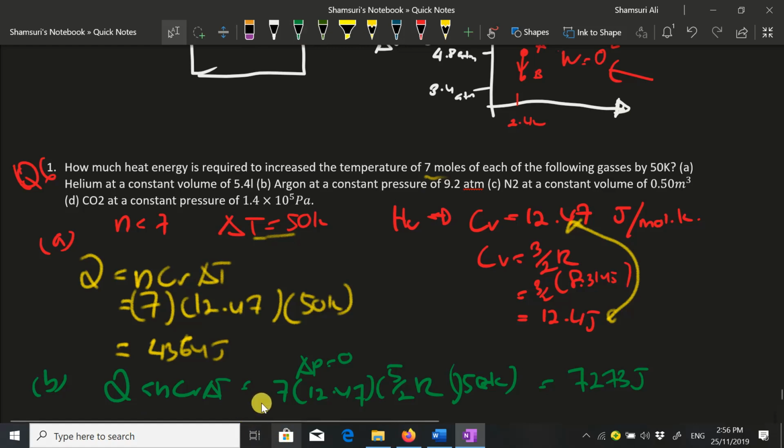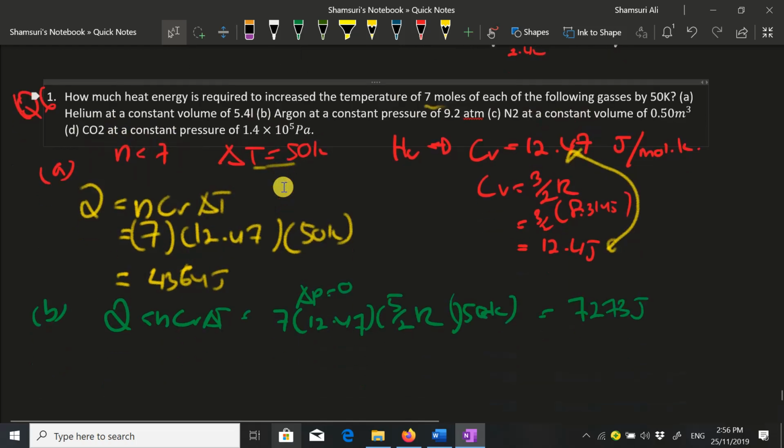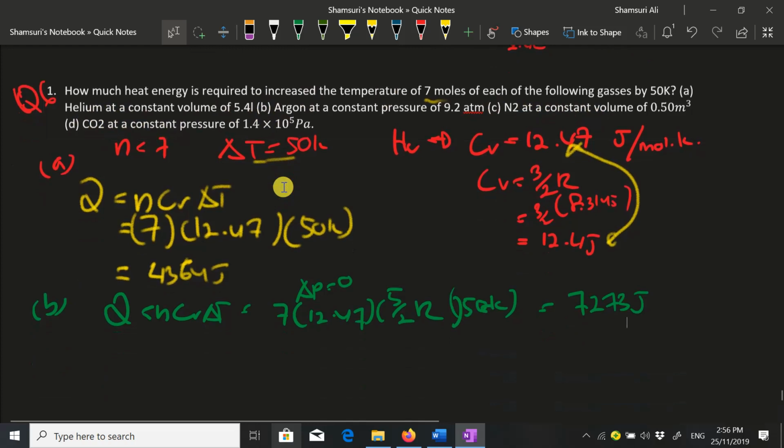I think we can also calculate C, constant volume, then D is constant pressure. How much energy is required? For constant volume, the energy change, but then volume change is zero.